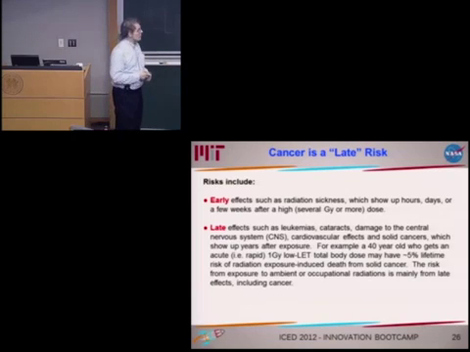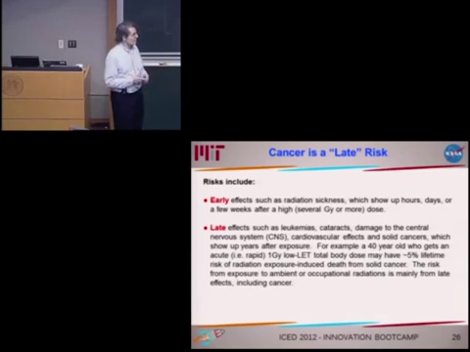Now, these risks I'm going to discuss include, of course, the early effects, such as radiation sickness, which can show up hours, days, or a few weeks after a high exposure. These are, of course, better understood because you have the luxury of seeing the result soon after the initiating event has happened.